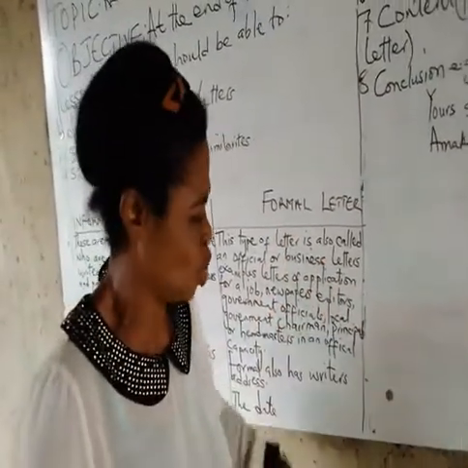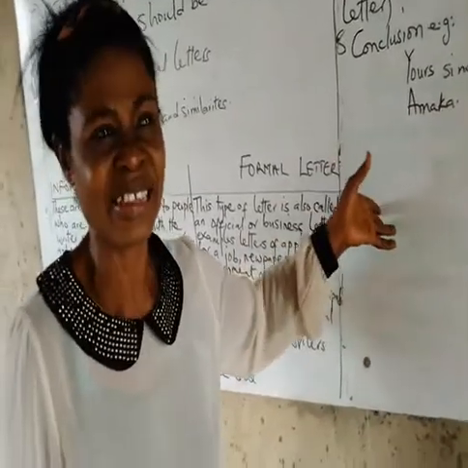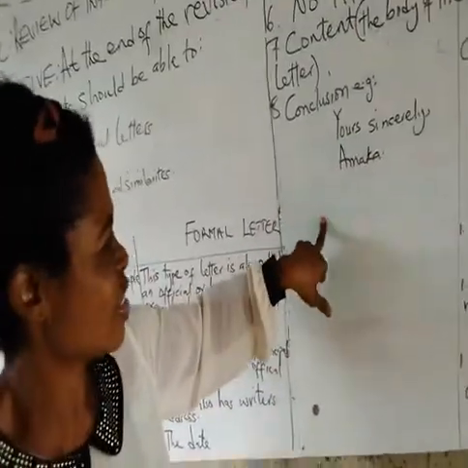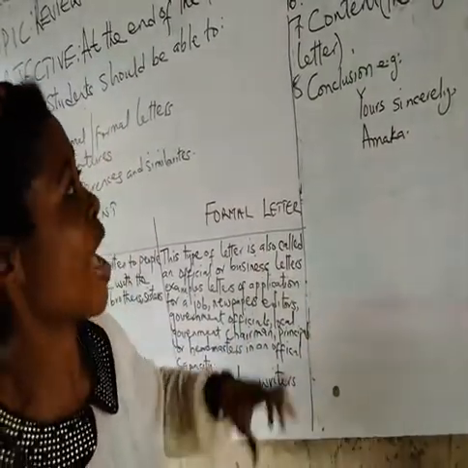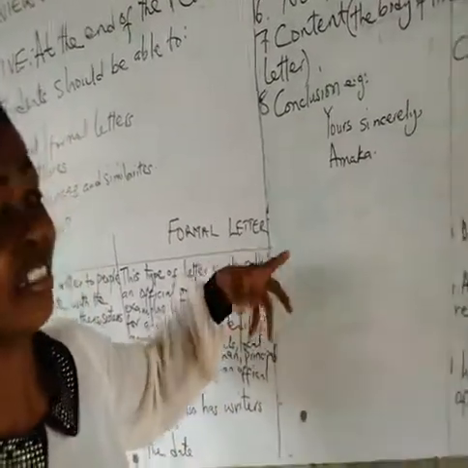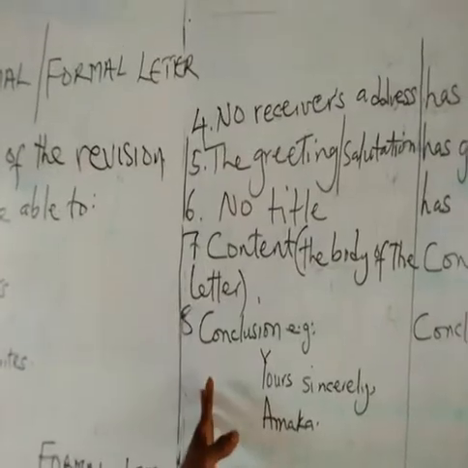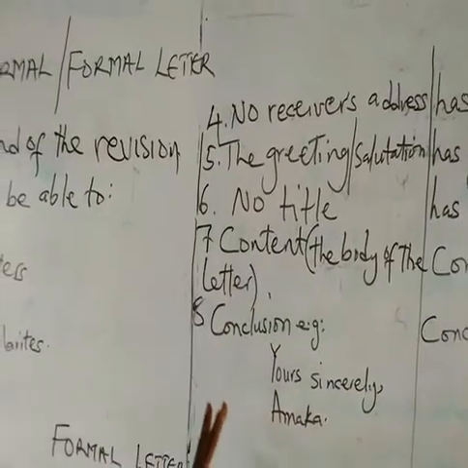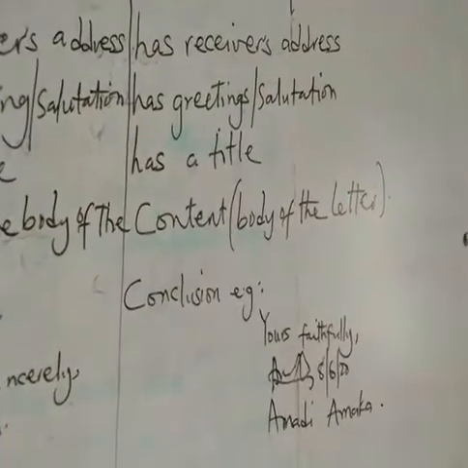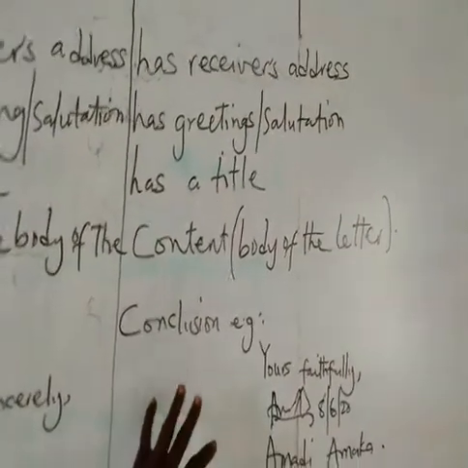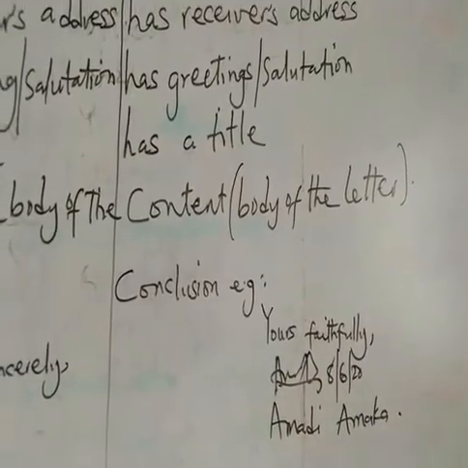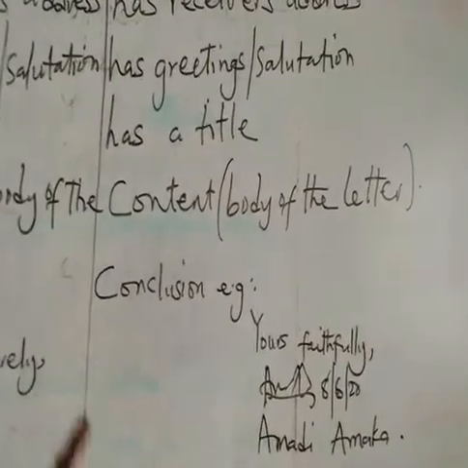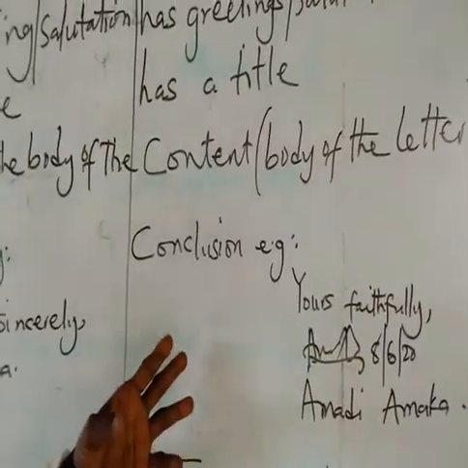He will not tell you. He will just tell you, write a letter concerning your mother's travel. Then you, a student, will know that since it's your mother, it is under the category of informal letter. Be very patient and very observant when you are writing this one. Remember, pleasantry words are not allowed.